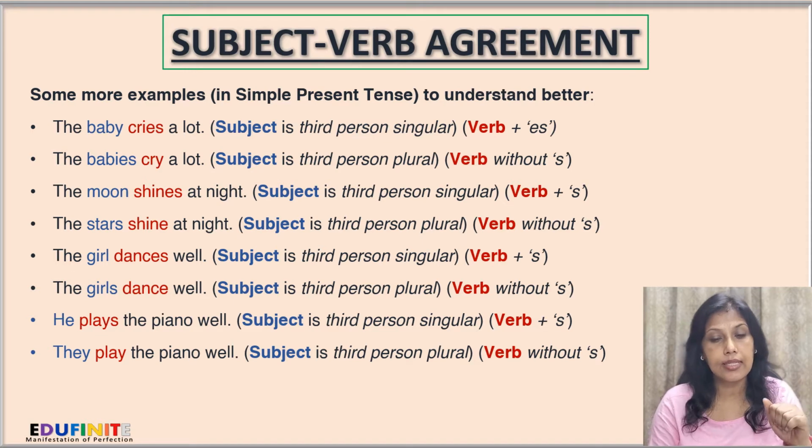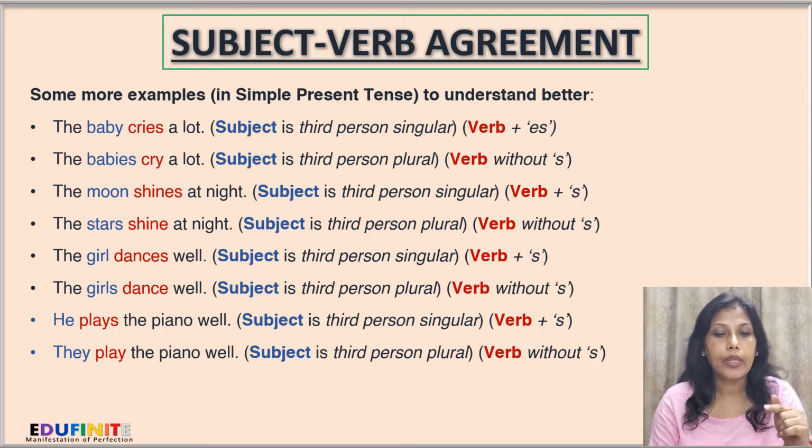In the next sentence, the moon shines at night. Here the subject is third person singular, moon, and since it's singular, the verb will have an s at its end. So it becomes shines. But in the next sentence, the stars shine at night. Here the subject stars is third person plural, hence the verb is only shine without any s.